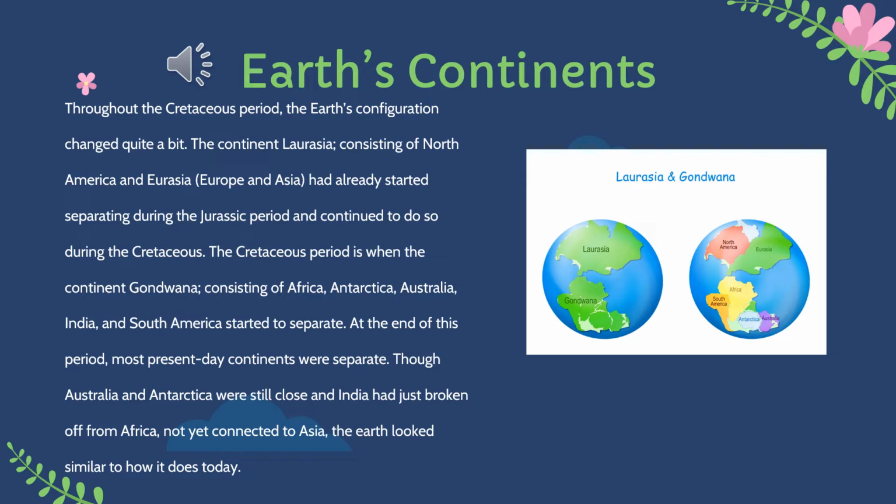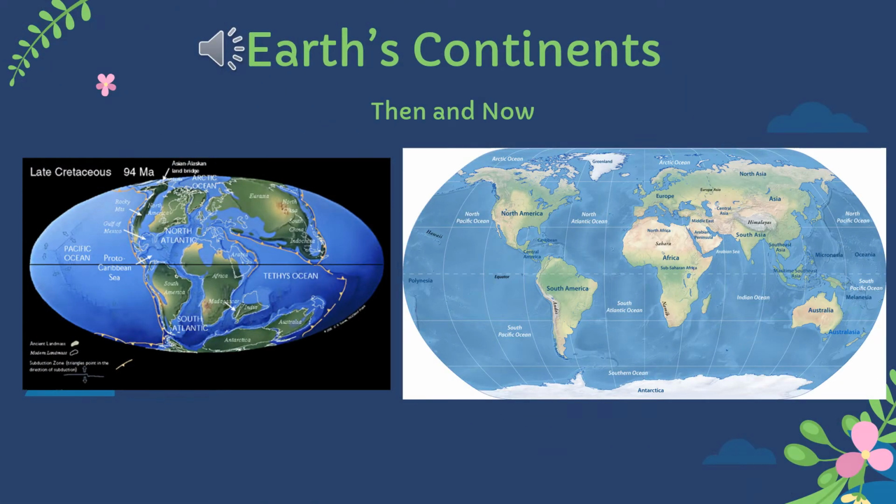Though Australia and Antarctica were still close and India had just broken off from Africa, not yet connected to Asia, the Earth looked similar to how it does today. On the right side of the slide, you can see a picture of Laurasia and Gondwana. On the left side of the slide is a picture of the Earth during the late Cretaceous period.